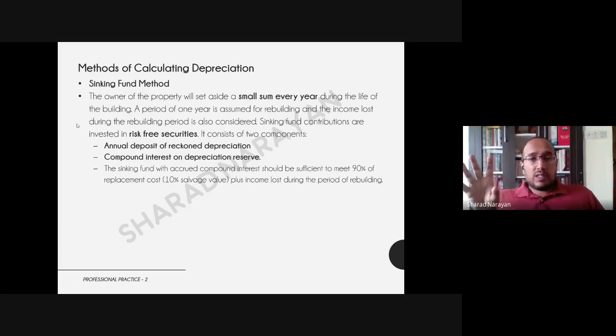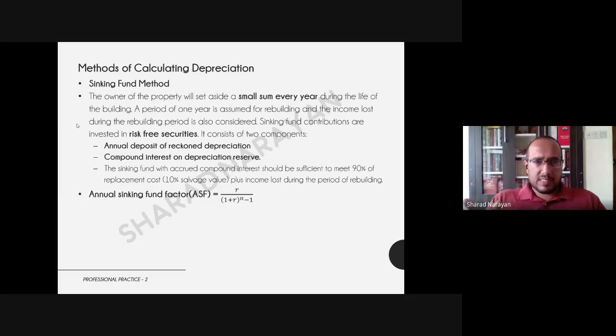The sinking fund with accrued compound interest should be sufficient to meet 90% of the replacement cost, plus the income which is lost during the period of rebuilding. So you have something known as the annual sinking fund factor. You can make a quick note of this formula, or this presentation will be uploaded anyway.